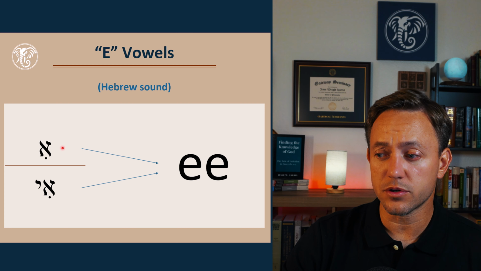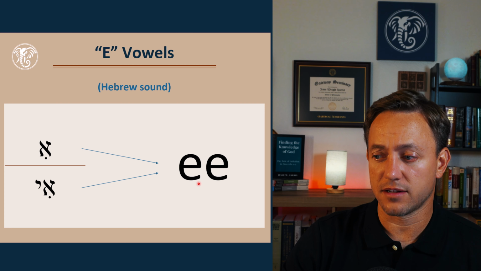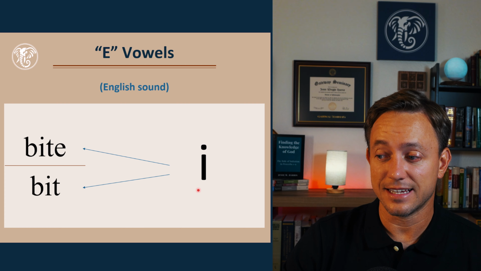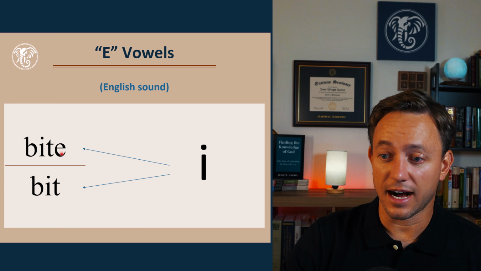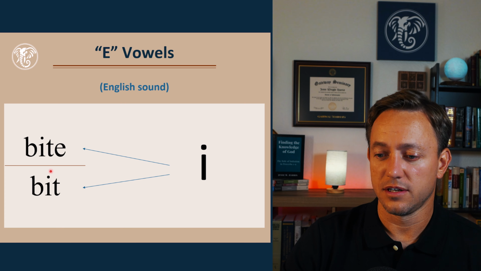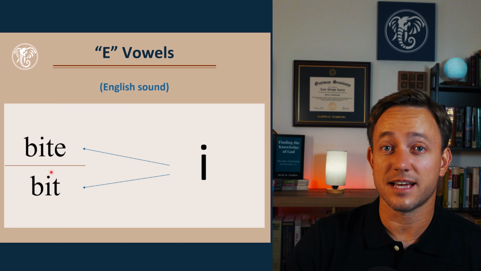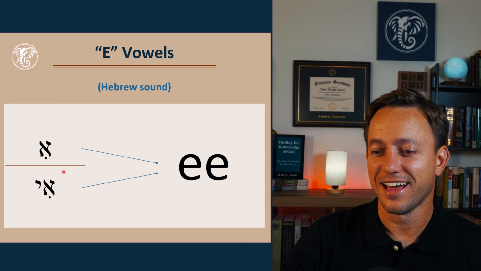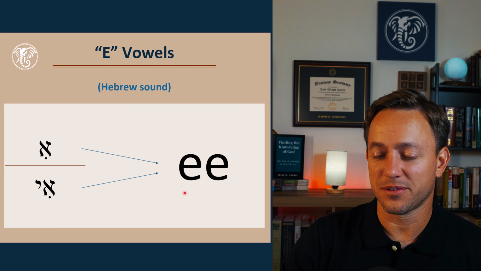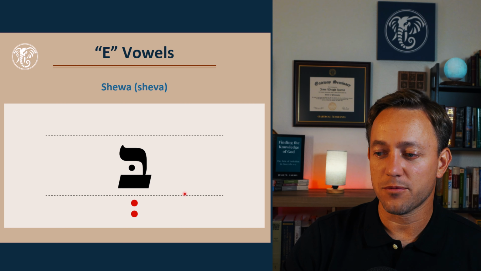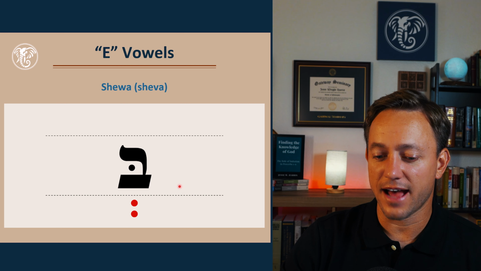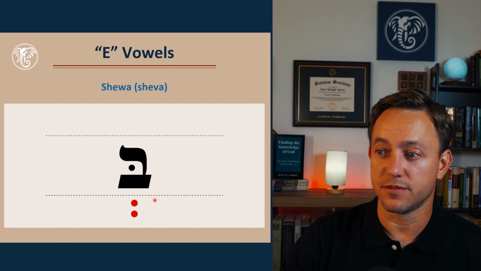So in Hebrew, the hirik sounds like E, E, not like I or I. So you almost have to just kind of erase that from your memory somehow, that the hirik is the E sound. All right, well, let's look finally here at the Shva.